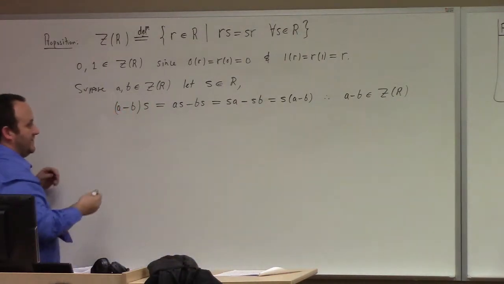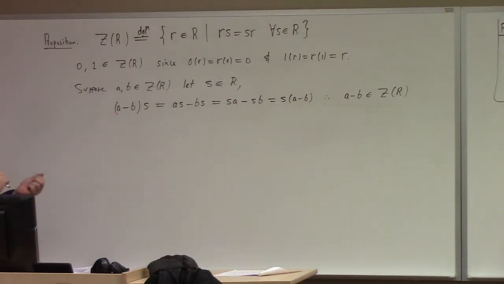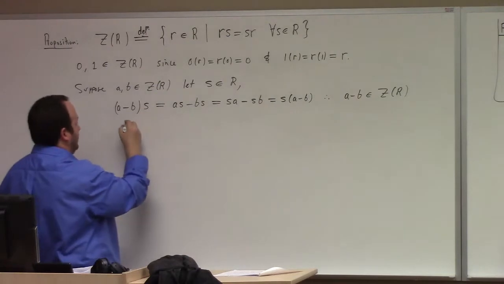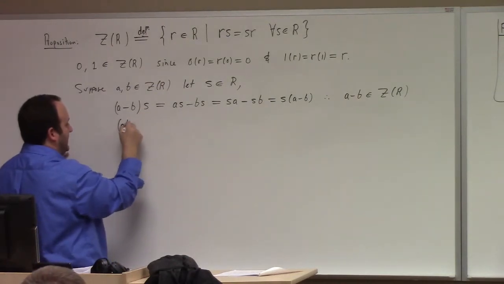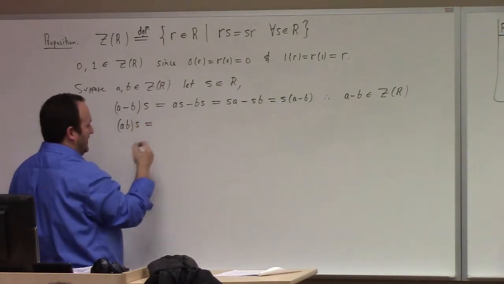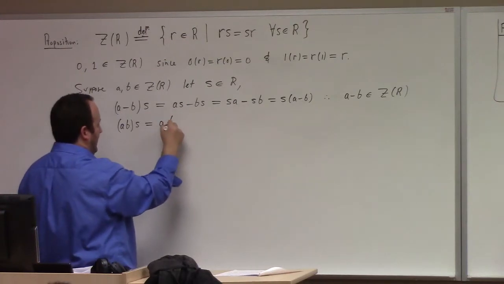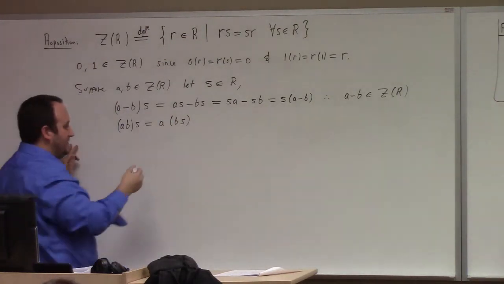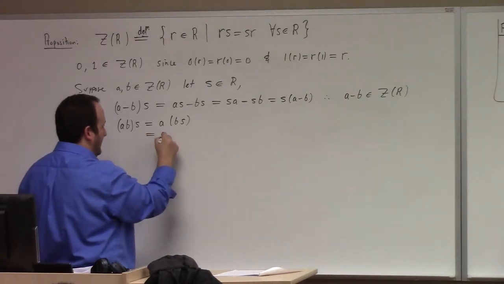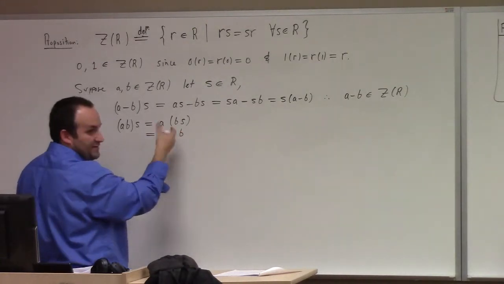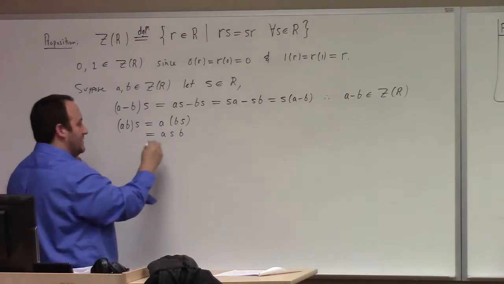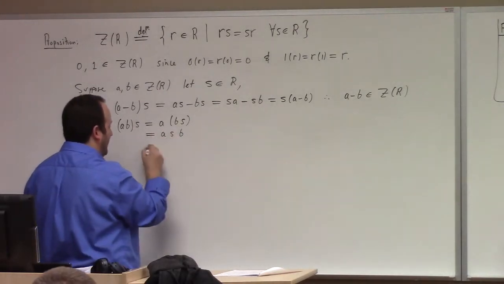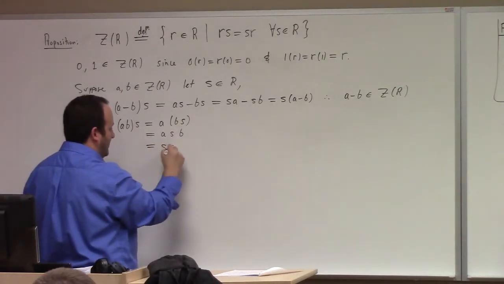And the subring test says we have to check the difference and the product are both in there. So if we look at abs, well then that's what? That's abs by associativity, which is asb by the fact that b is in the center, which is then sab.